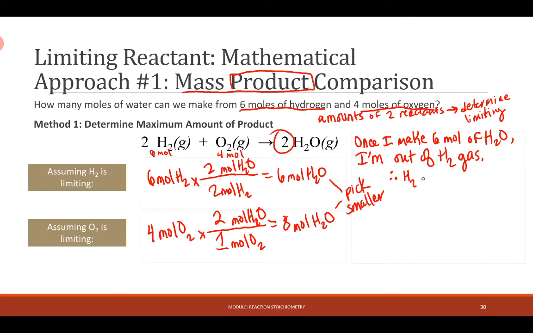Therefore, H2 gas is limiting, and I'll make 6 moles of H2O. So how many moles of water can I make? I'll make 6 moles of H2O.